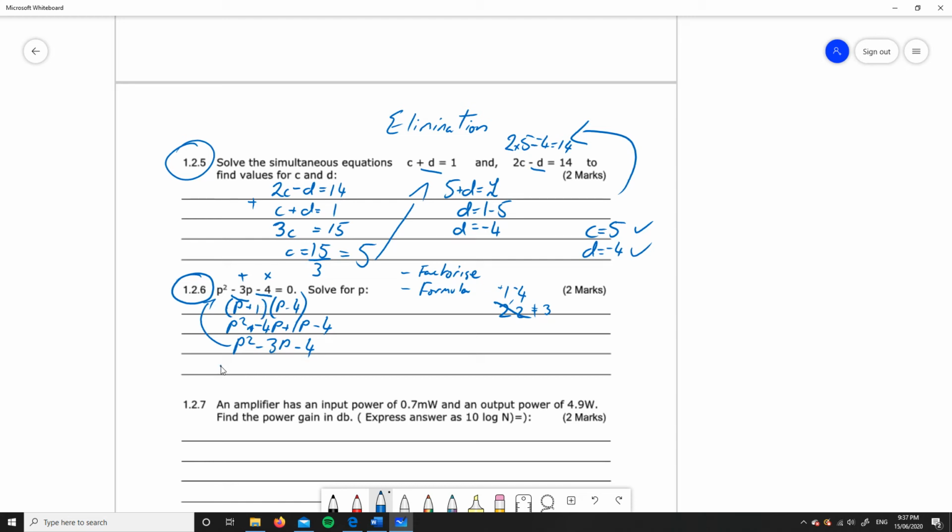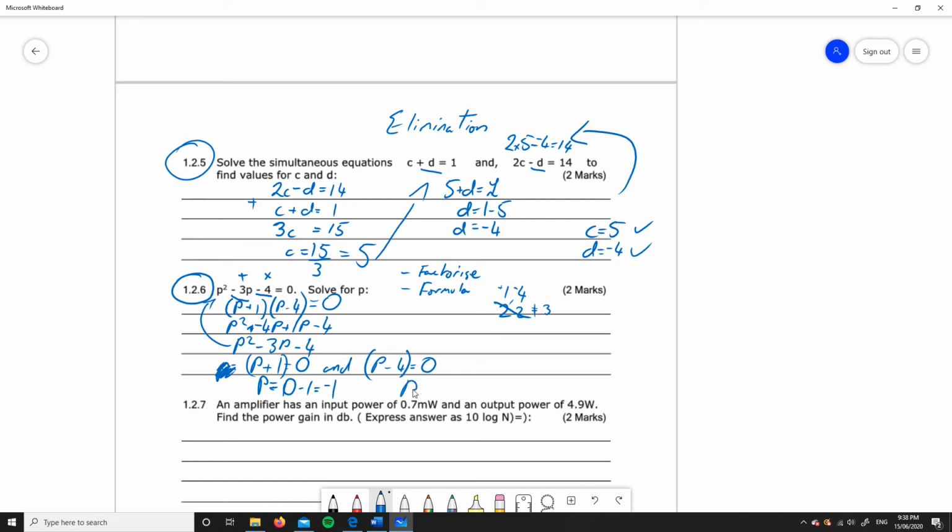So essentially p plus 1 equals 0 and p minus 4 equals 0. Taking those out, if I look at this, p plus 1 equals 0 minus 1, which equals negative 1.